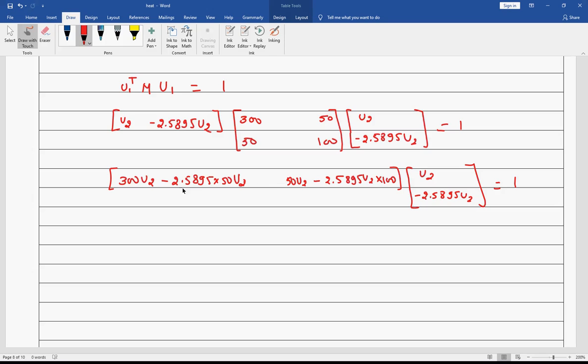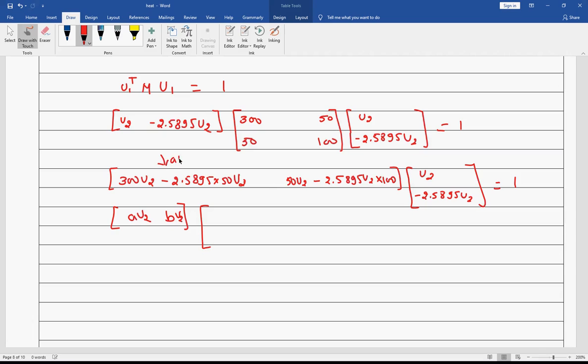Then again this factor, so I could write like this. This is A and this is B. A will be in terms of U, so I can write AU and BU in this way. Of course it is U2, not U. So A times U2, B times U2.